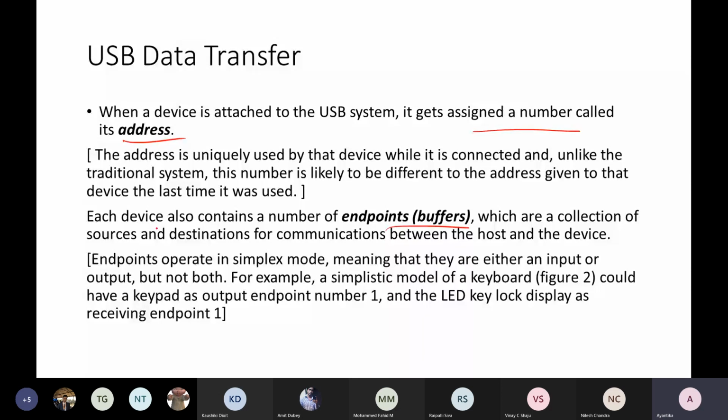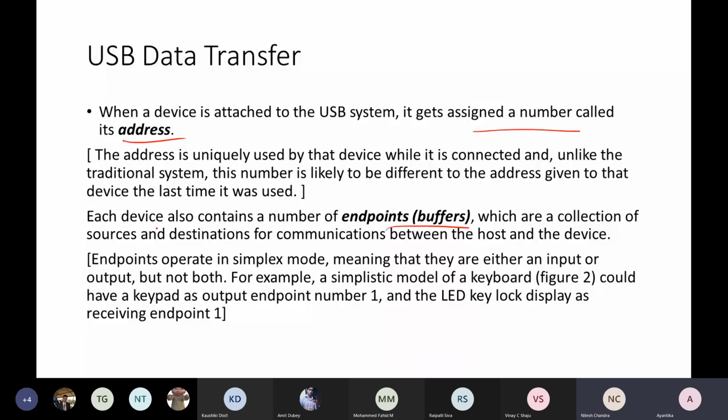Is it clear now? Ma'am, here the device is the computer or the keyboard you are saying? The device, you are thinking about the keyboard. And a particular keypad associated with the keyboard, you can think of as an endpoint. If I type, let's say A on the keyboard, so A will be my endpoint?